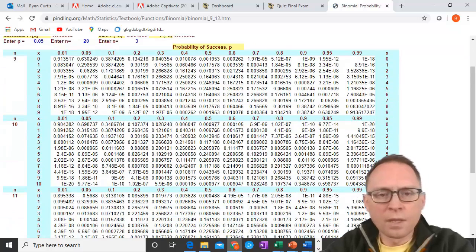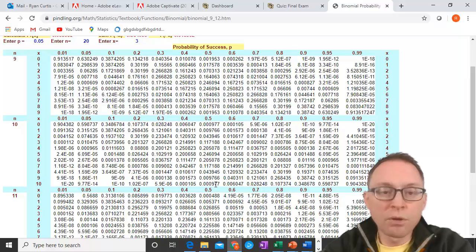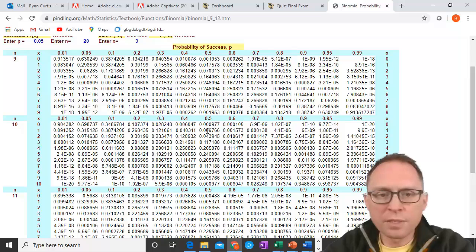If the normal population's 50% ski, I'm looking at this group right here. All I'm doing is adding up the two tails. So 0.000977 plus 0.000977. That means I would reject the null hypothesis for 0 or 10. The next one is 1 and 9. If you add those together, you're still less than 0.05, so I would reject there as well.